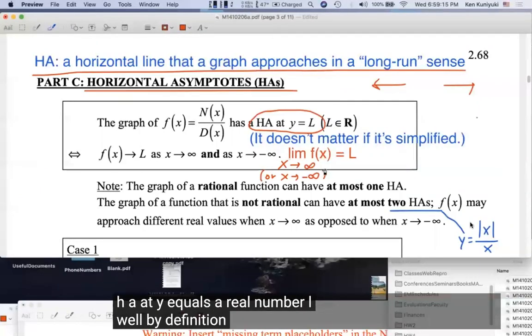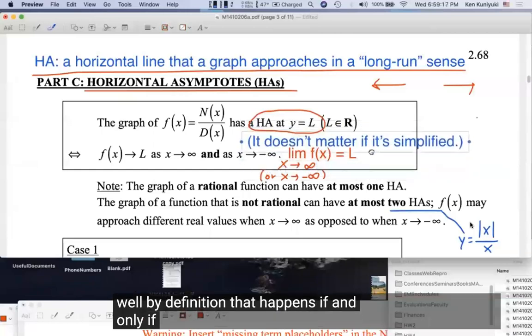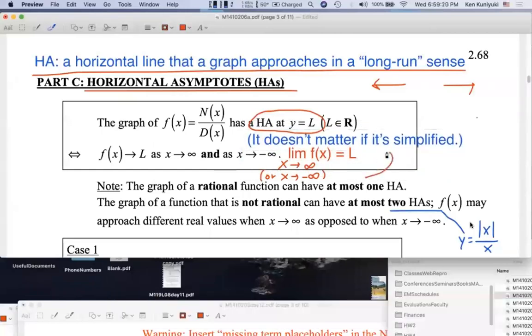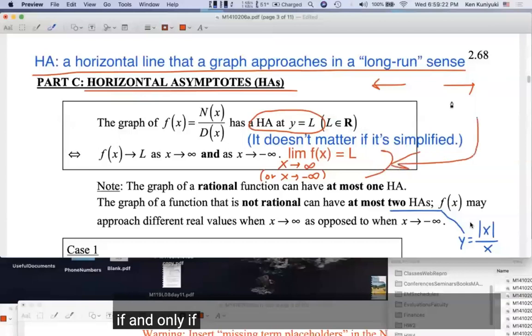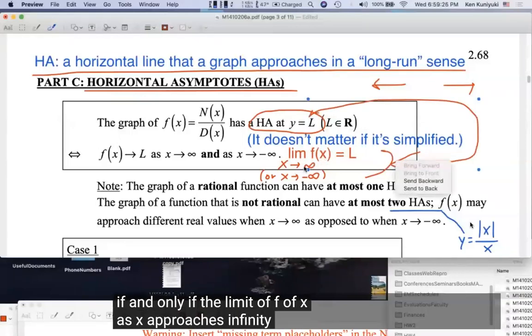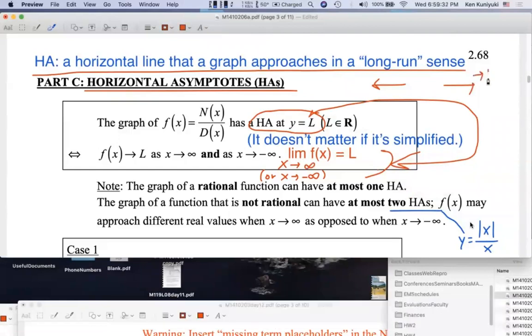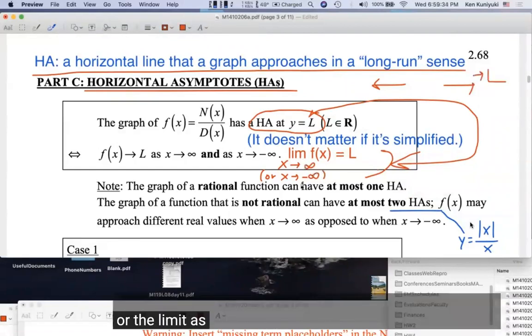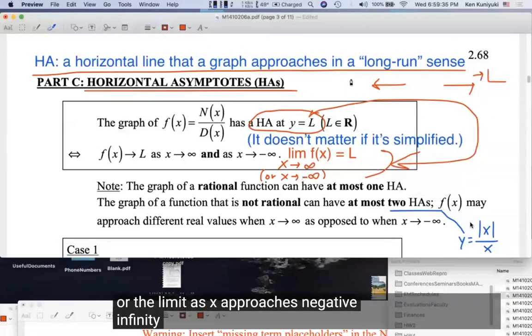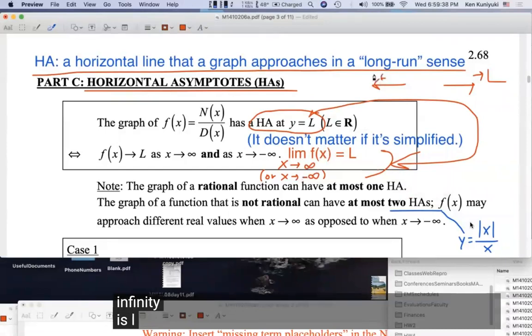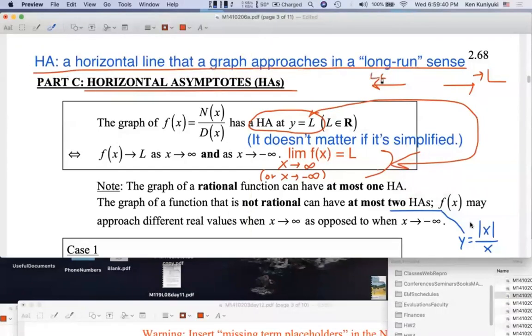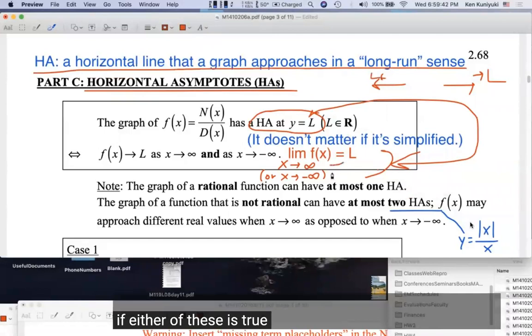Well, by definition, that happens if and only if the limit of f of x as x approaches infinity is L. So this long run limit is L. Or the limit as x approaches negative infinity is L. If either of these is true, then there's an HA at y equals L.